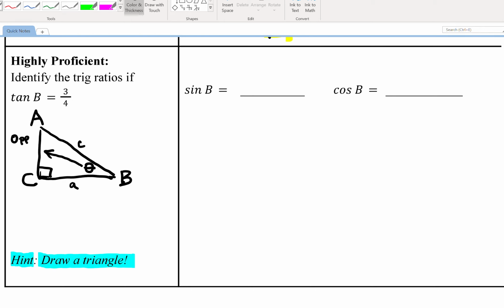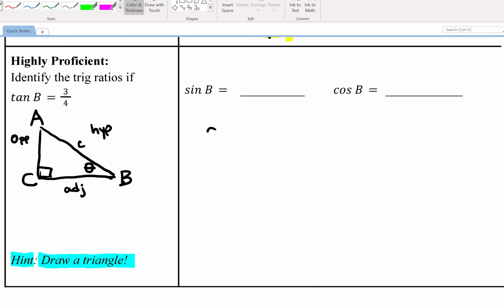And then opposite the right angle is always the hypotenuse. So there's my HYP for hypotenuse. And then we've got a here, which is little a, but since it is the side that's right next to this angle B, we would call that the adjacent side.